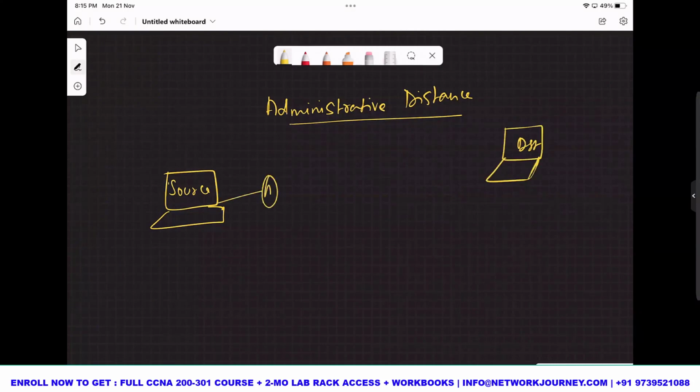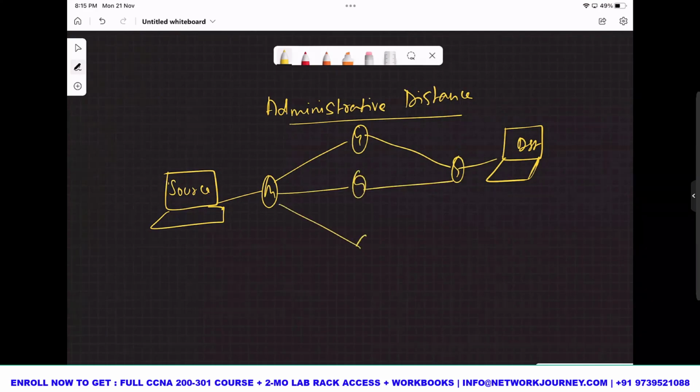So you have one router, this is another router. To reach that, you might have three different paths. This is R1, R2, R3, R4, and R5.